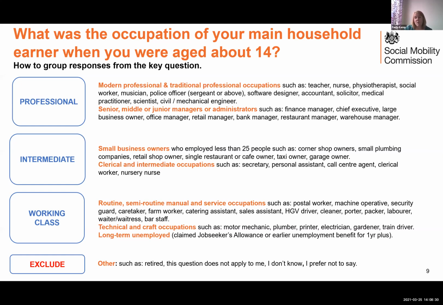There's an option to exclude as well, so people can prefer not to say if they don't think it applies to them. They might also have grown up in care, and therefore you could, in your narrative around the question you're asking, say if you grew up in care, you can tick the box other, etc. But it gives you a nice framework to actually have a look at the employees within your organisation based on these 3 sections.